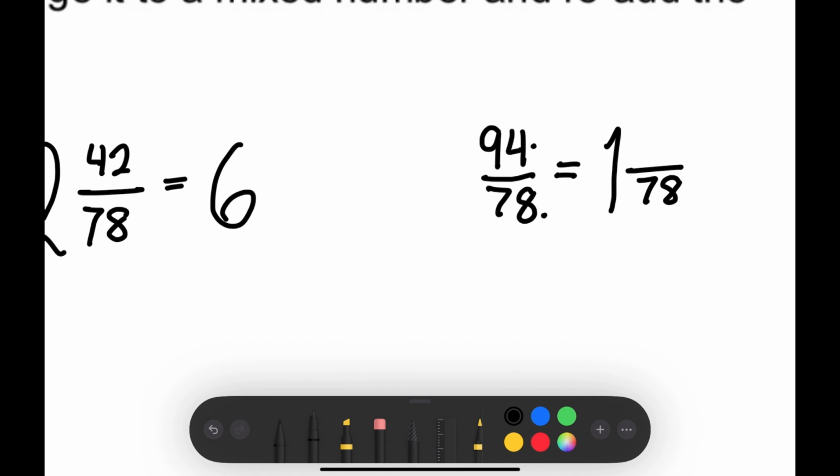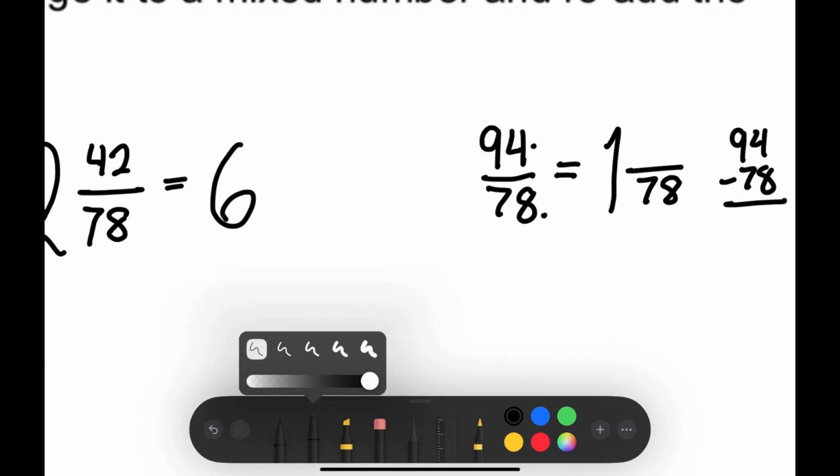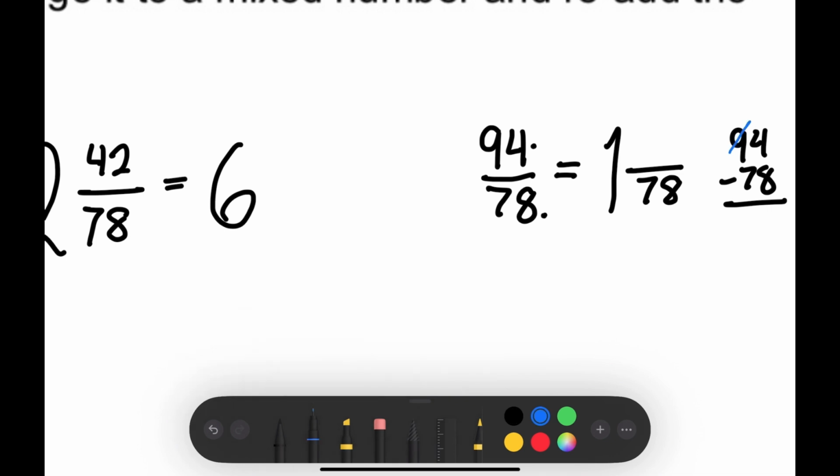So now, if I do mini math on the side, 94 minus 78, you have to borrow from 9, 4 becomes 14, 14 minus 8 is 6, and 8 minus 7 is 1. Our numerator is 16.